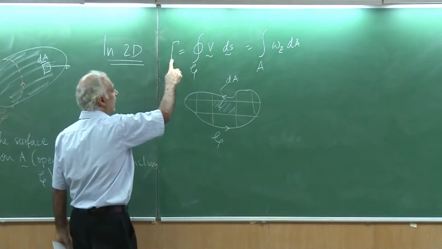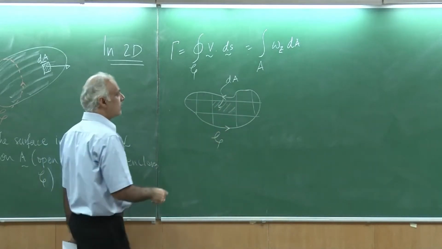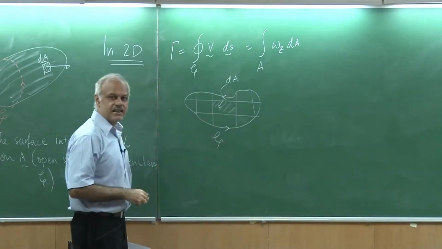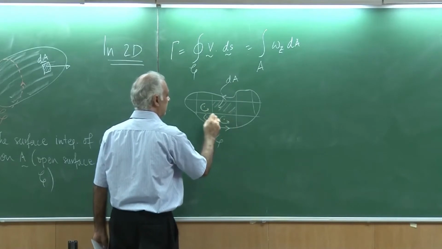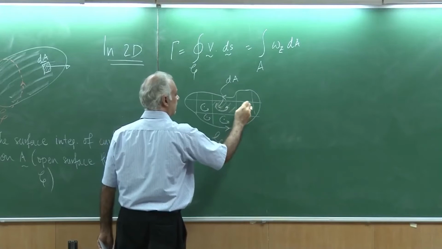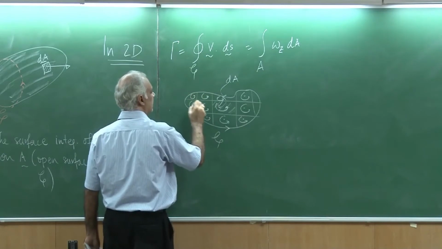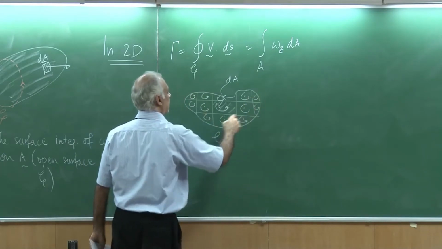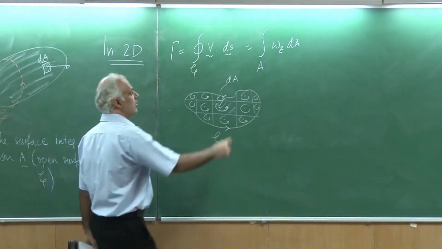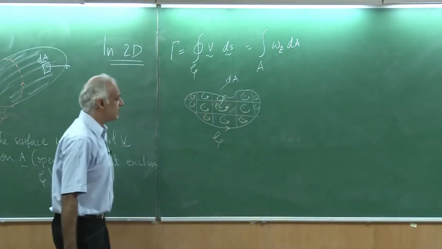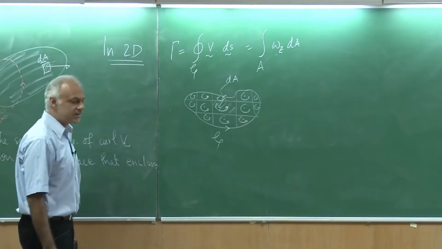Then either I could calculate gamma by doing a velocity integral over this curve C, or I could calculate the vorticity everywhere in this area, and then I just take the summation of it, omega z dA. So, I just take the summation of all the vorticity enclosed by this curve, and that is your gamma. Okay, so, that is in 2 dimensions.